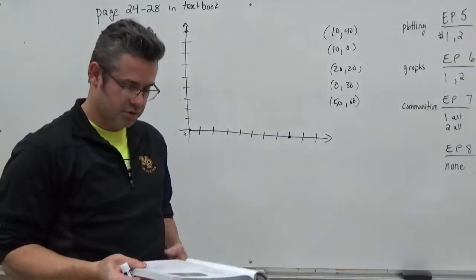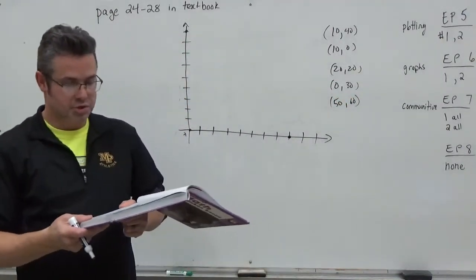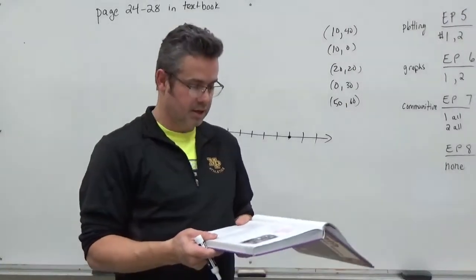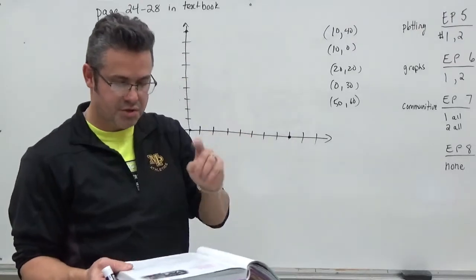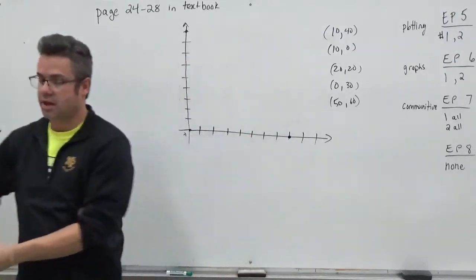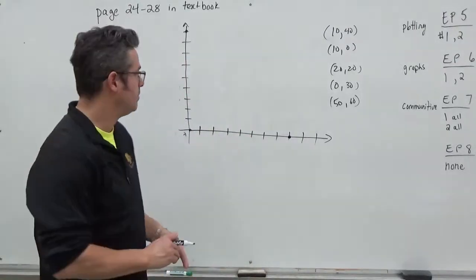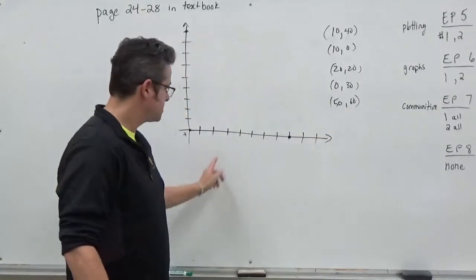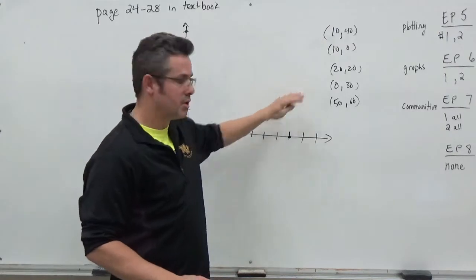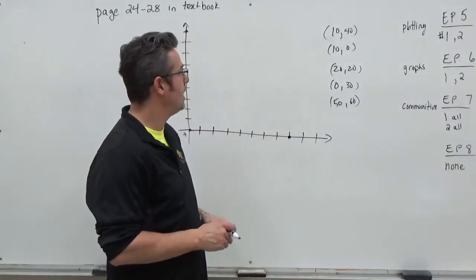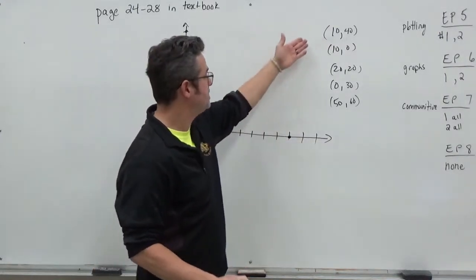Okay, so it gives you those coordinates, and it says draw a grid, label the grid, plot each point, but then it also asks, how did you decide which scale to use on the axes? And this is the tricky part, because there's no way you want to have to put 60 little tick marks. So that's why you always have to look at these when you're making your grid. And we can all see that these go up by tens.